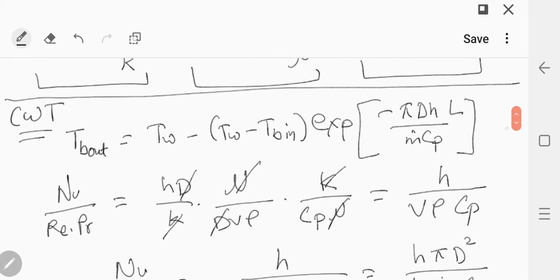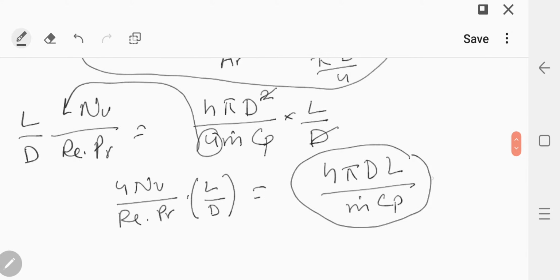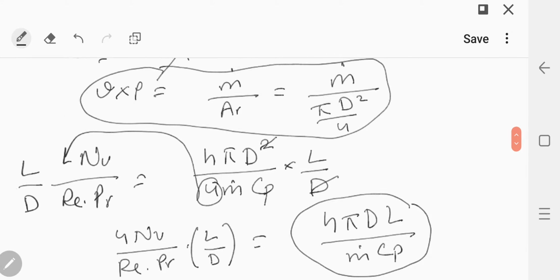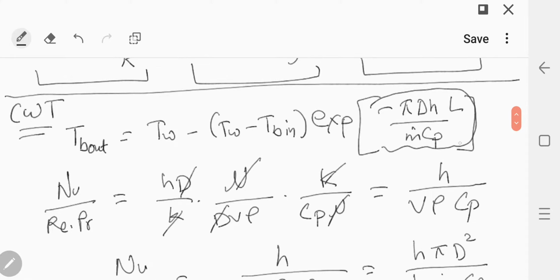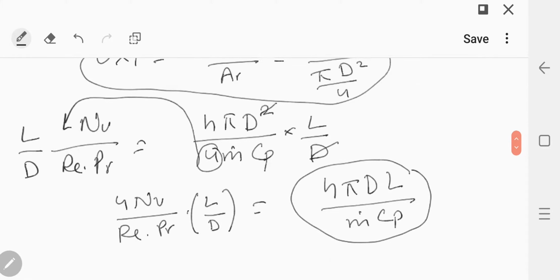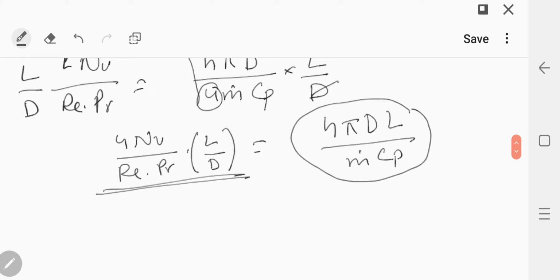It occurs over here. So simply replace this expression by this term.